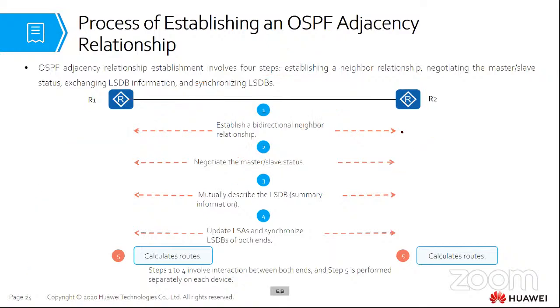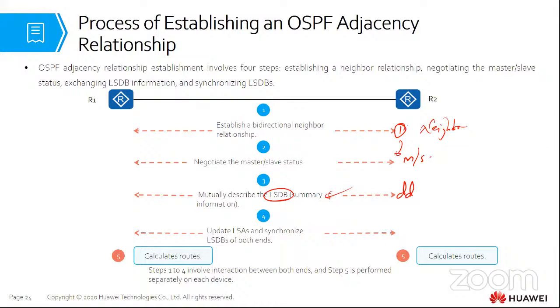So step number one, establish neighborship, which is the first relationship type. Step number two, determine the master-slave status of the two players. Step number three, you want to exchange a link state database summary information. Later on, we shall see that we use the packets we call the database descriptors to exchange the summary information.